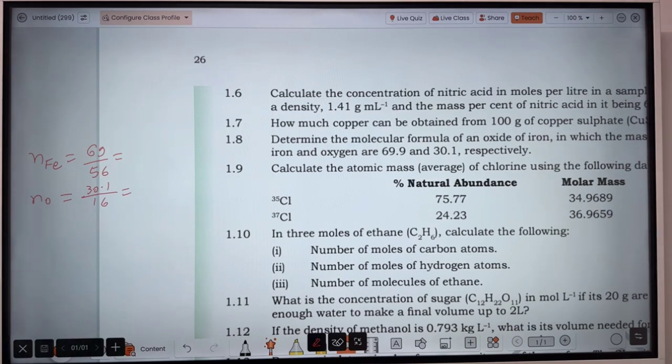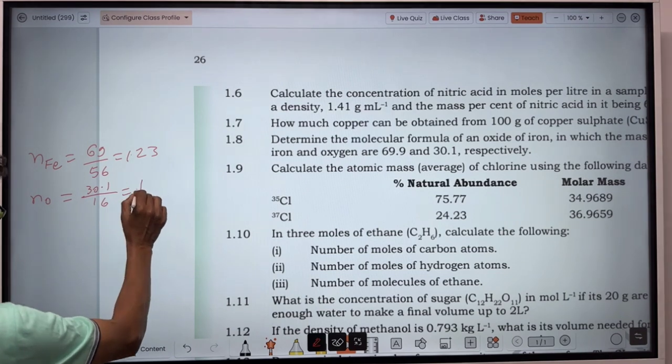So let's calculate 69 by 56. That is 1.23, and 30.1 divided by 16 came 1.88.